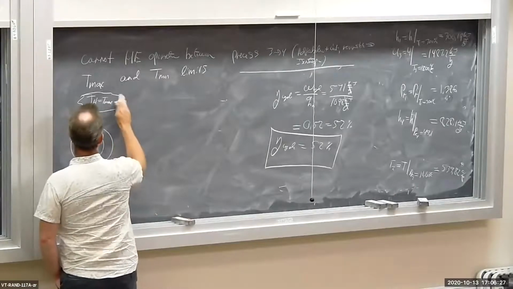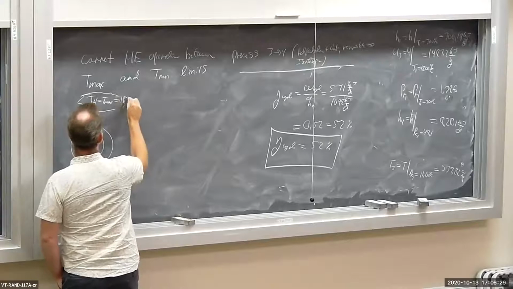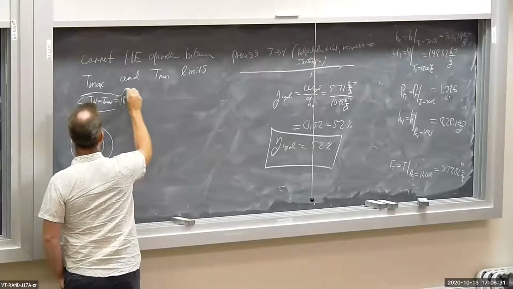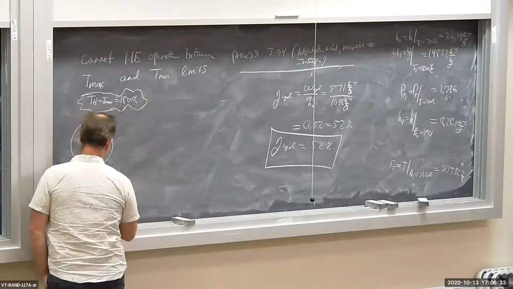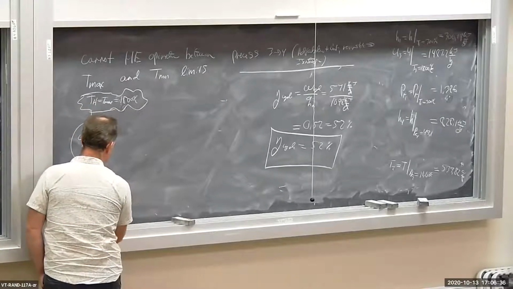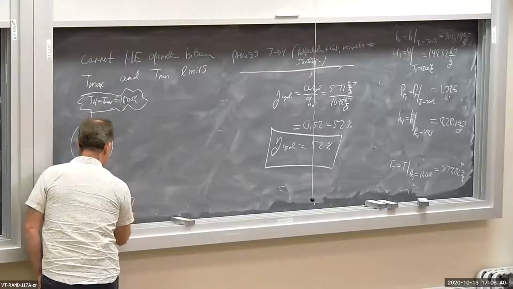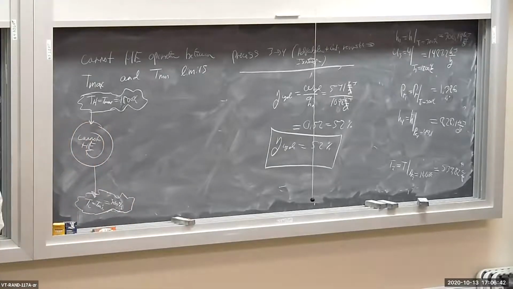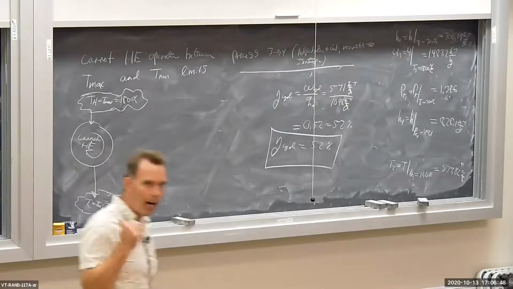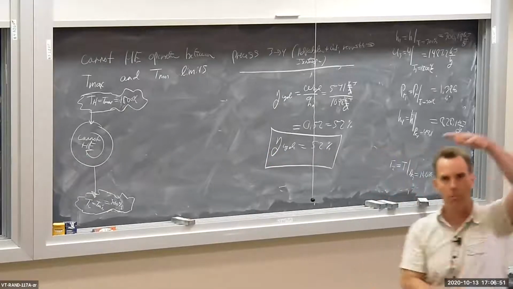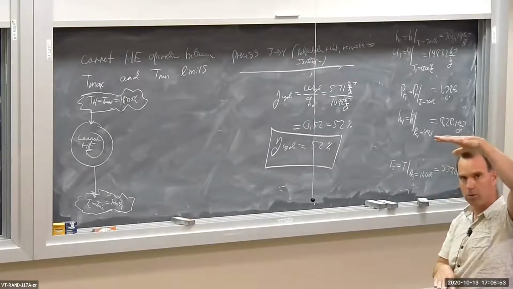Now I have a T max equal to 1800 degrees Kelvin and a T min equal to 300 degrees Kelvin. I'm going to take my old cycle that we've just been analyzing, and calculate the efficiency of a Carnot heat engine operating between the same min and max temperature. Okay?